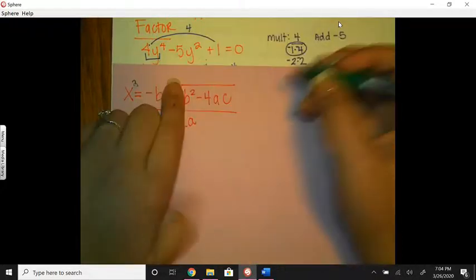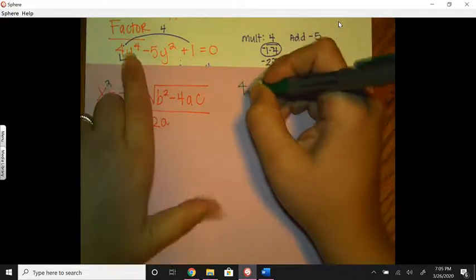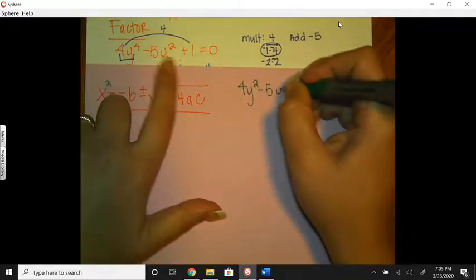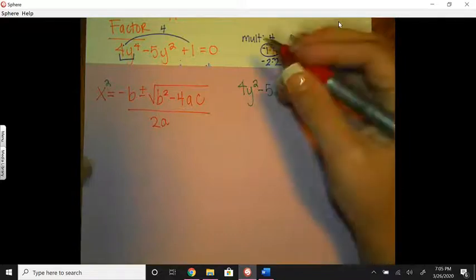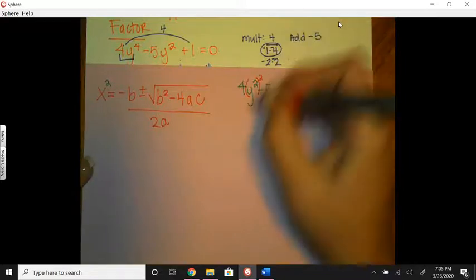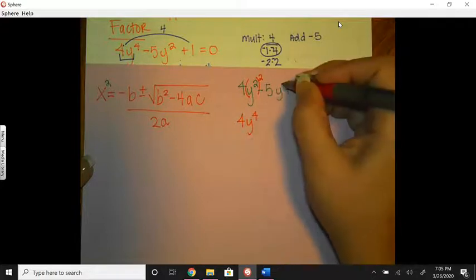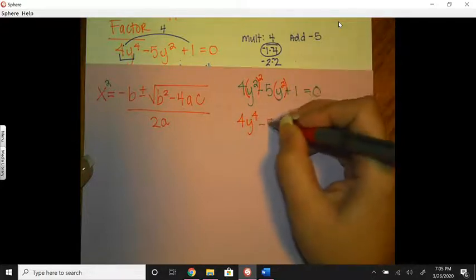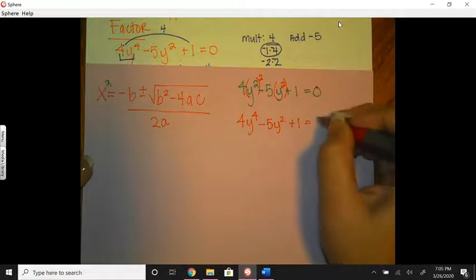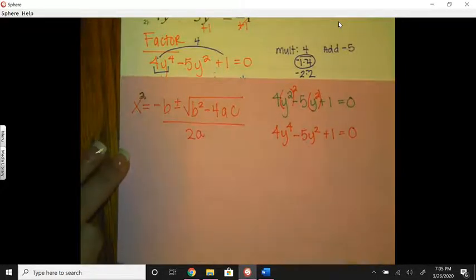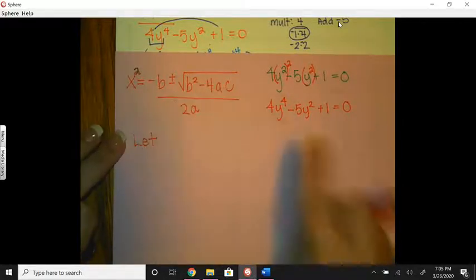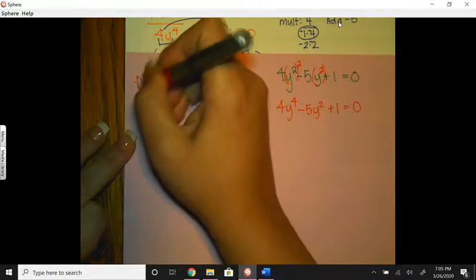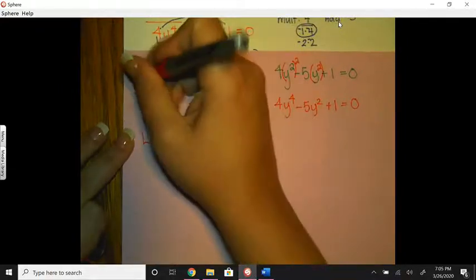Now another way to think about it is if I make this a quadratic instead: minus 5y plus 1 equals 0. I again need to square this to make it 4y to the 4th, and therefore I'm going to square this. That's one way to think about it. The other way is that you're letting, and again it's not x, it's going to be y in this problem, so it's going to get us a y squared.